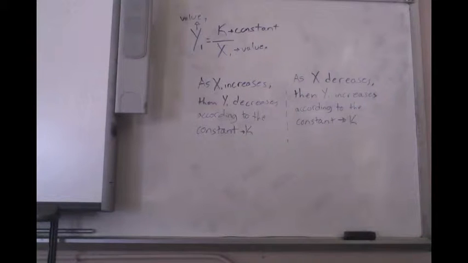Basically, y from the formula is a value, x is a value, and k is a constant, as you see: y equals k over x. Now, this basically shows as x increases, y decreases, and as x decreases, y increases, according to the constant. This definition is of an inverse relationship, and it could be used to describe velocity and pressure.